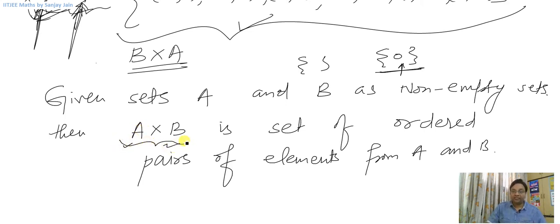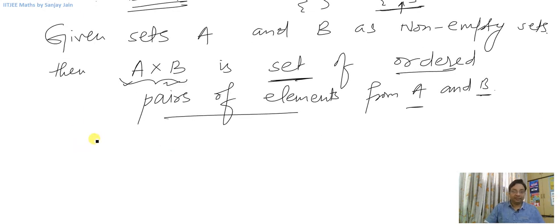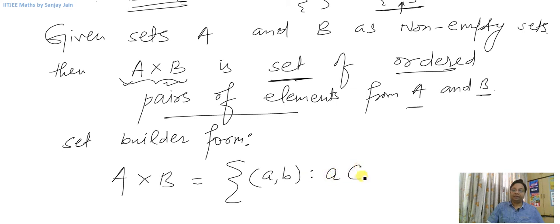So their Cartesian product, or the Cartesian product of A and B, is the set of ordered pairs of elements from A and B, right? So let us say, if I write it in set builder form, A cross B is equal to (a, b) such that a belongs to A.